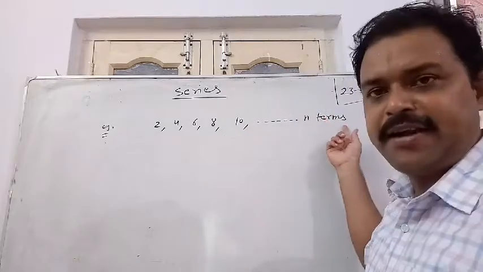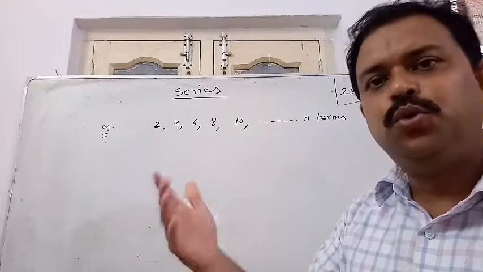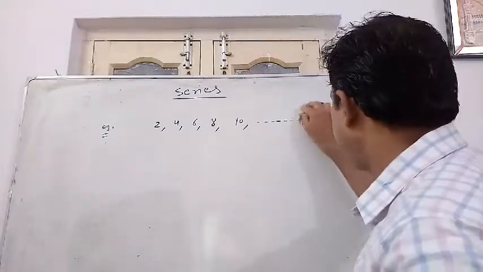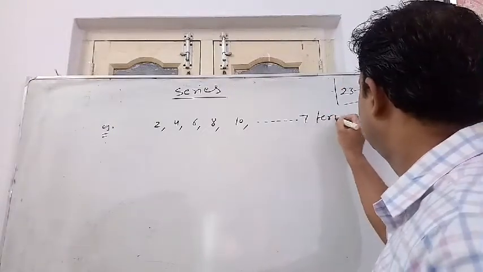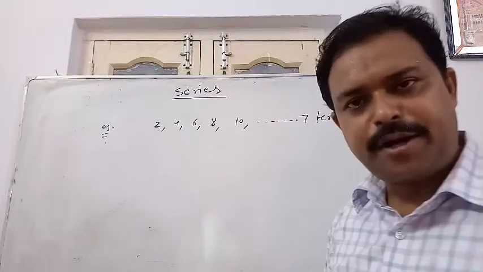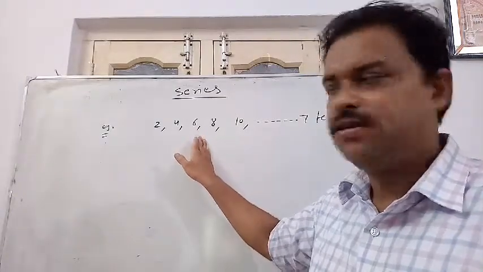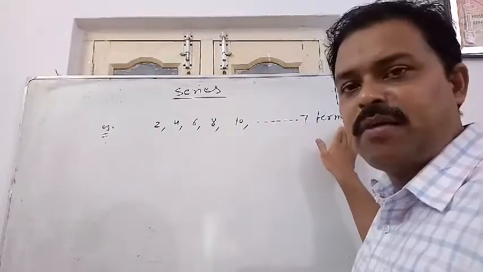Dot dot dot, n terms, and the user will tell how many terms you want. Suppose in place of n terms I have written: write a program to print the given series 2 4 6 8 10 dot dot dot 7 terms.